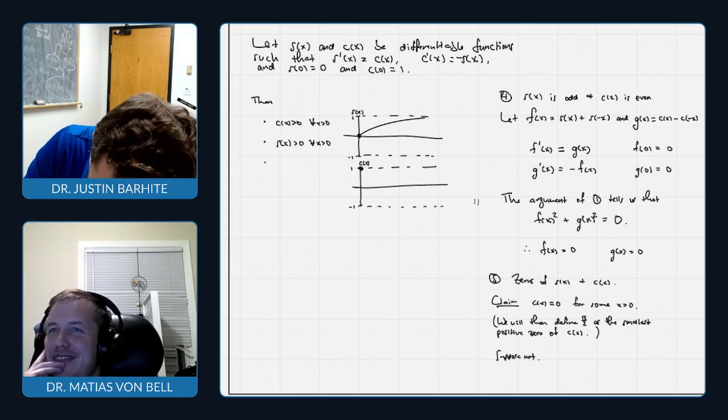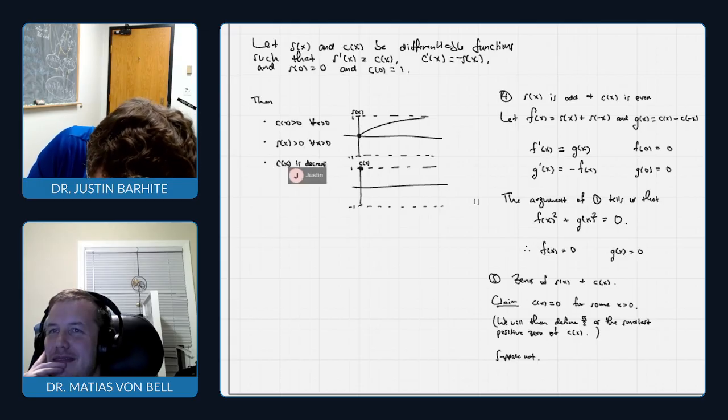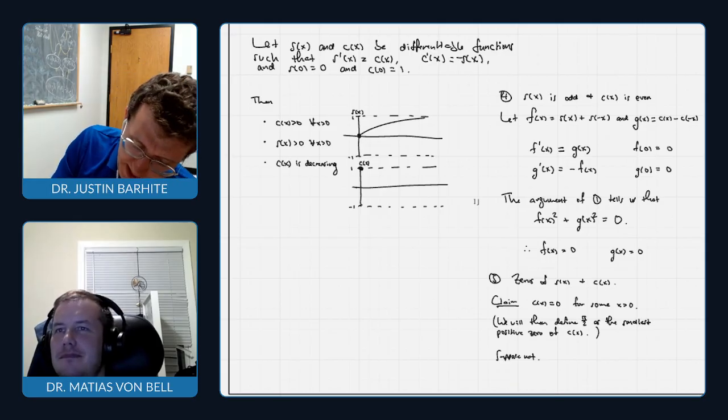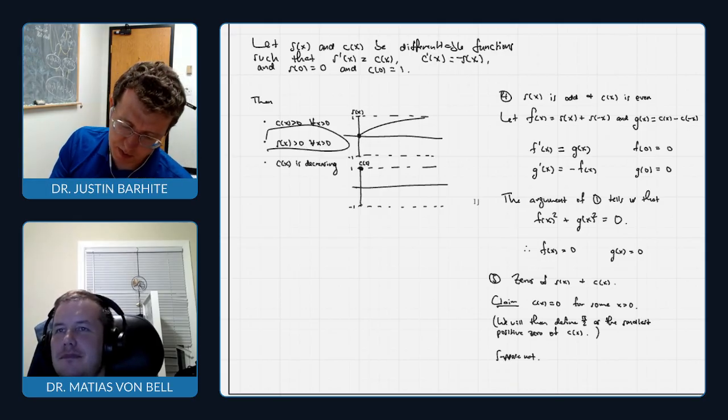Okay. So C of x is always decreasing. I know it's decreasing because its derivative is minus S of x. S of x is positive, so the derivative of C of x is always negative.